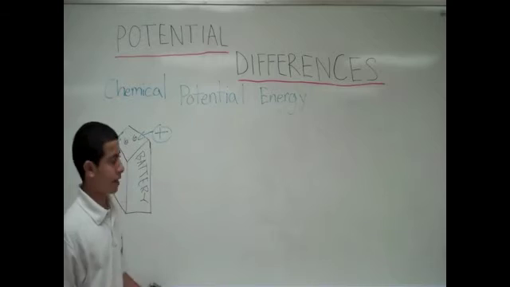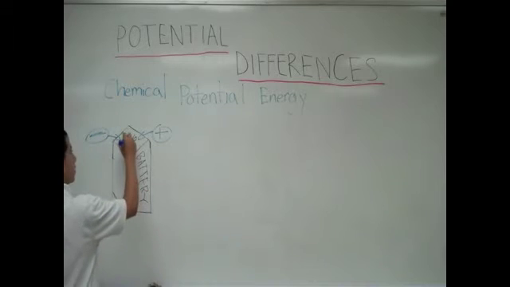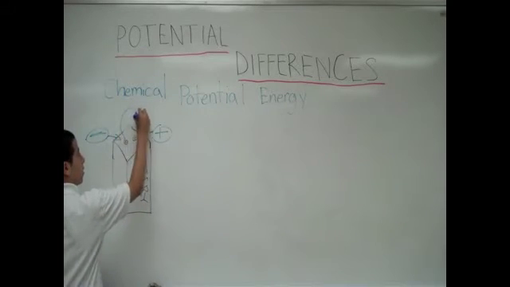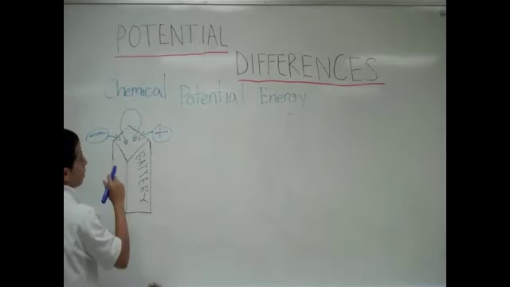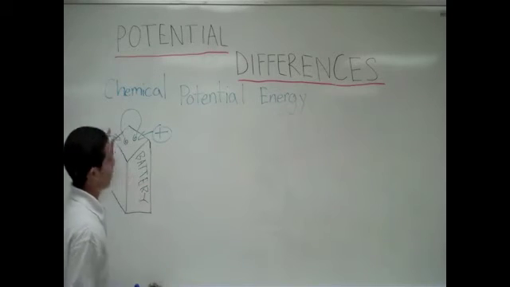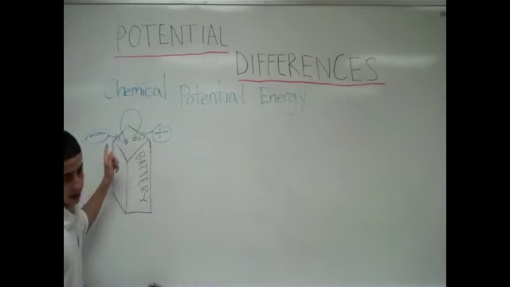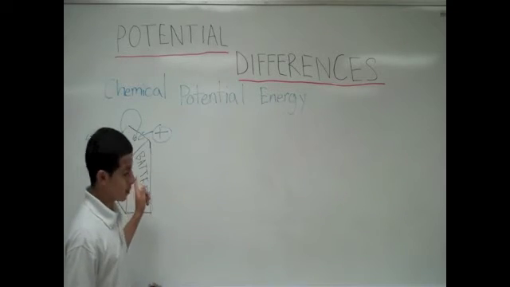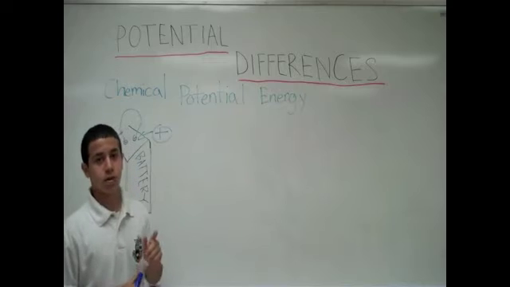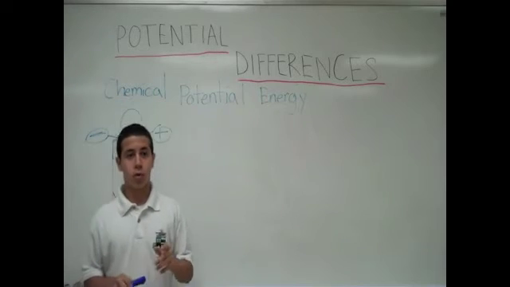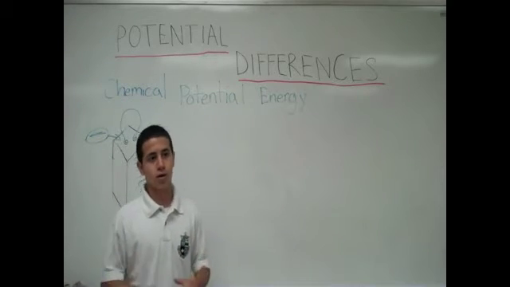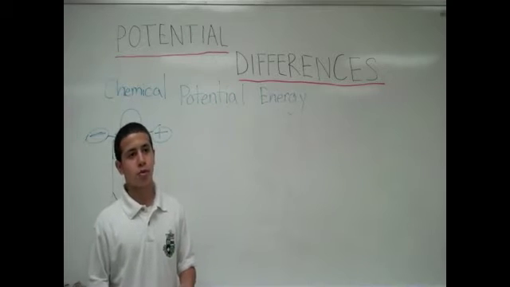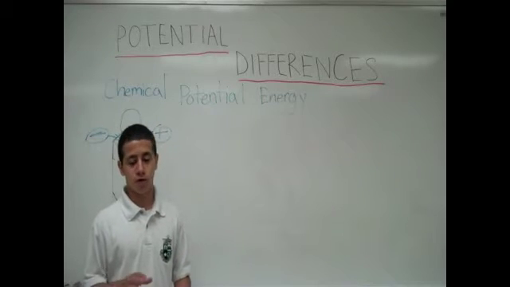If I was to connect a conducting wire between these two terminals, the flow would be from the negative to the positive, not positive to negative. And the difference between the electric potential energy of two points in any circuit is called potential difference, and it's measured in voltage.